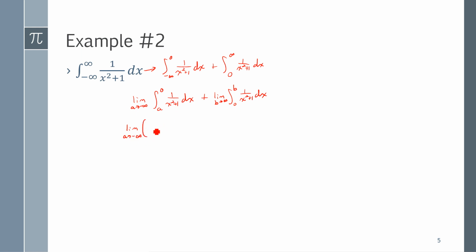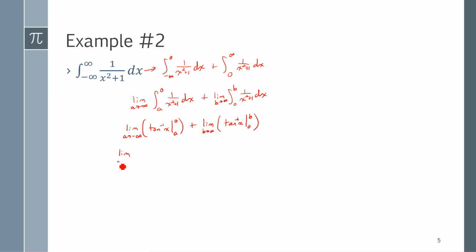The antiderivative of 1 over x squared plus 1 is the inverse tangent of x from a to 0. Then my addition sign. Still have the limit as b goes to positive infinity because I do that after I evaluate my integrals. Same antiderivative, but this is going from 0 to b.